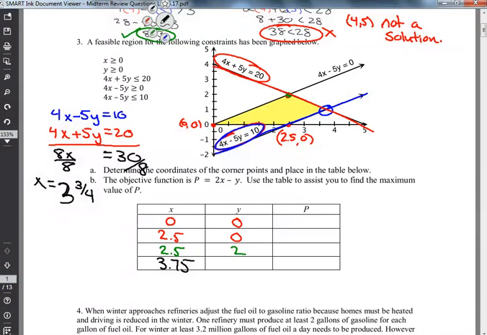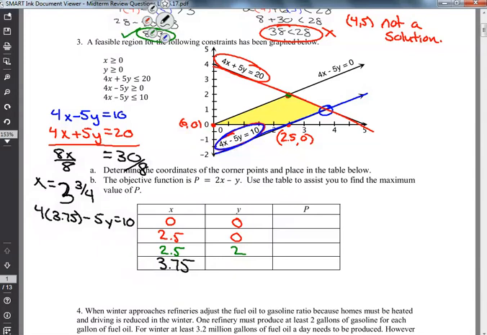And then y, if I plug 3.75 into one of these, so 4 times 3.75 minus 5y equals 10. Let me use the calculator.